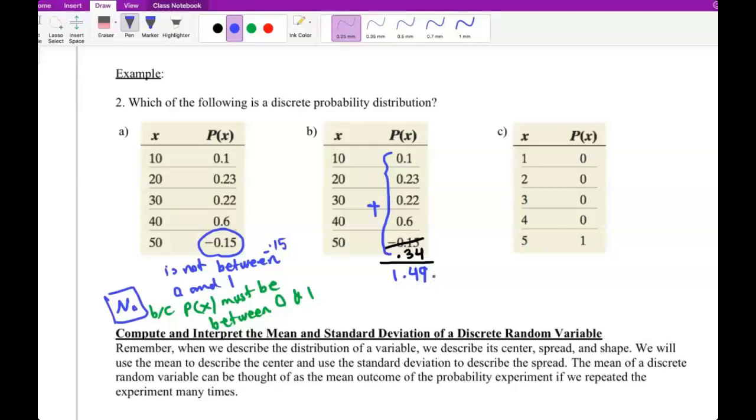And this should be equal to 1, which it is not. That's why we didn't pass the first rule. So the answer again for this part is no, because the sum of all these probabilities must be equal to 1.